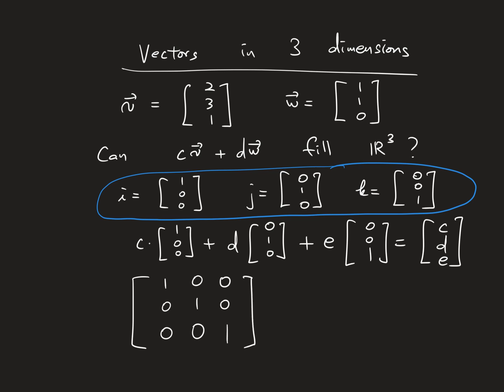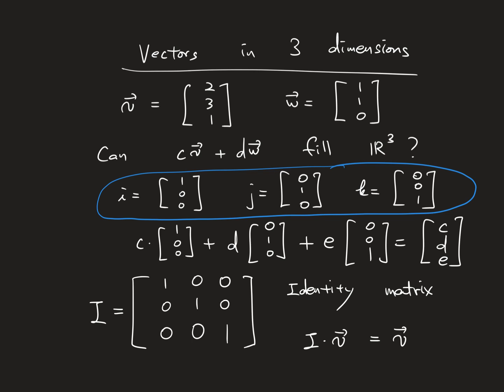if we make this matrix, we will call this the identity matrix. Because if we multiply the identity matrix to any vector, we're going to have the same vector. So it doesn't change the vector.